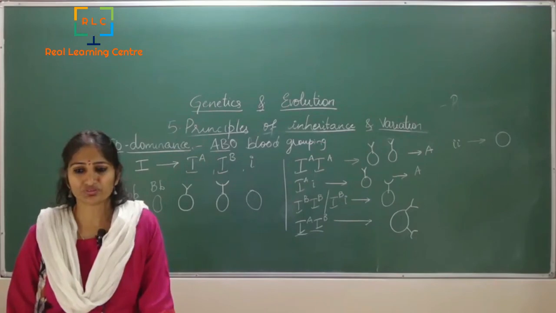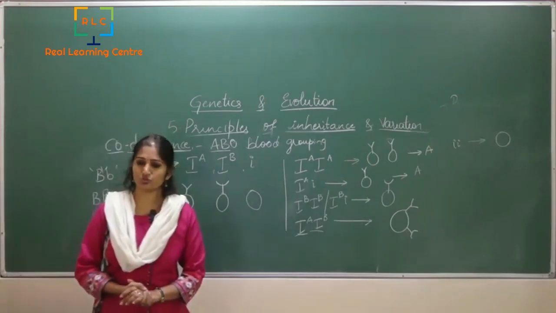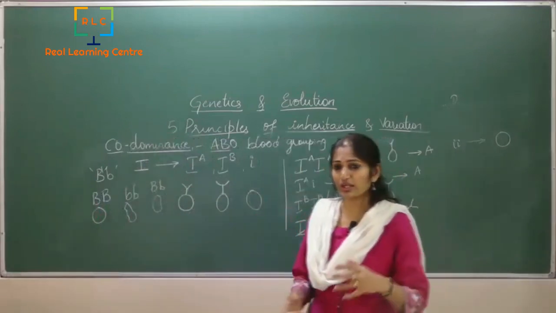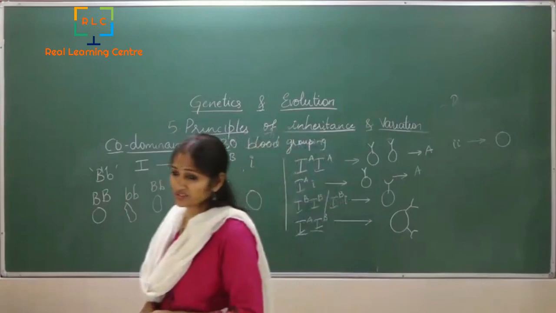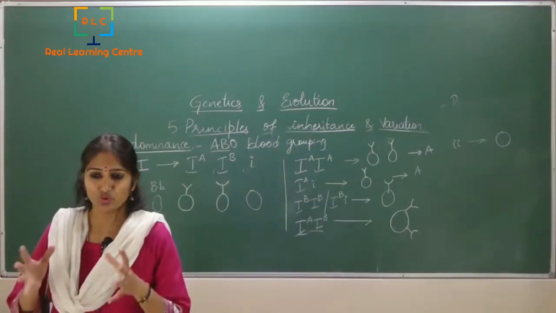Any doubts with this? Now, if you do not have any doubt, I would just ask you one question as homework, and I would like you to do that so that we can discuss it in our live class. So, a child has O blood group.